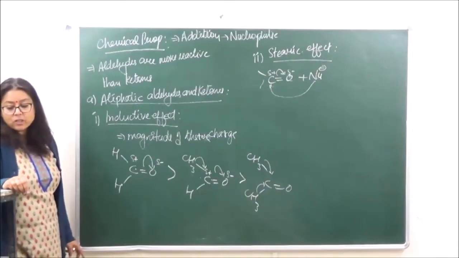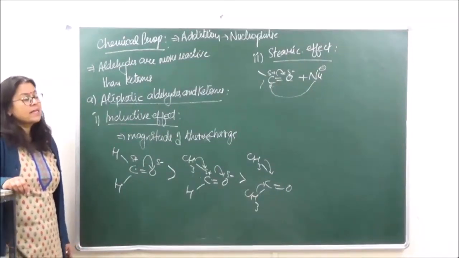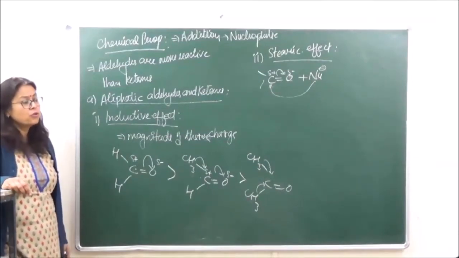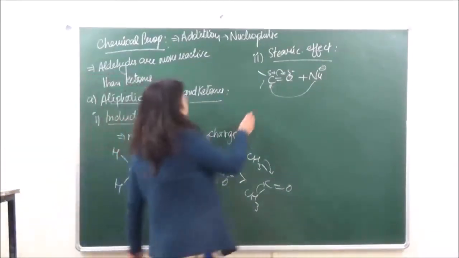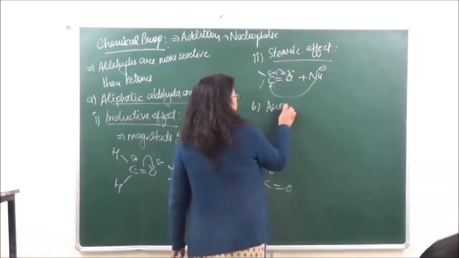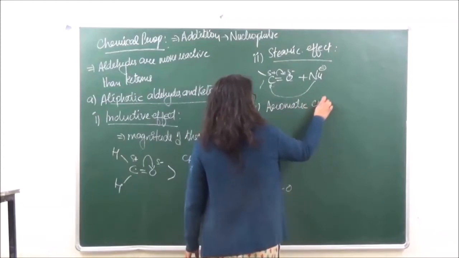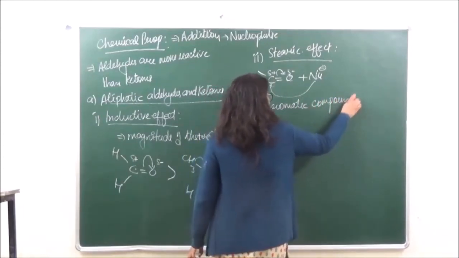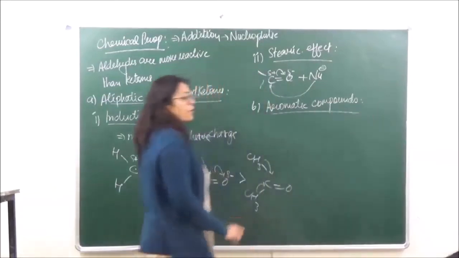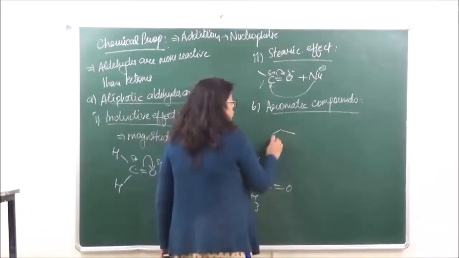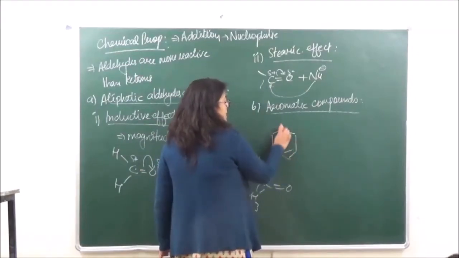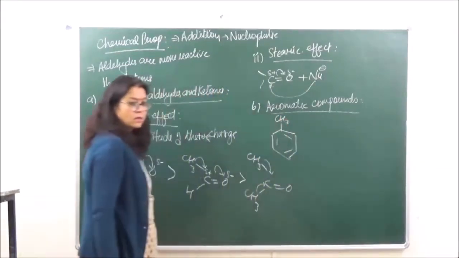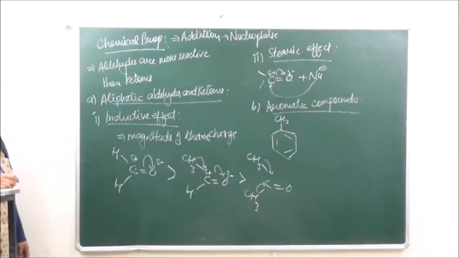ठीक है? Now in the case of aromatic carbonyl compounds, what is the R group present going to do? Let's say we are taking over here the second type, which are aromatic compounds. Now in this case, you know that if there is an alkyl group present, like a CH3 group or OCH3 group, it is going to withdraw electrons from the benzene ring.